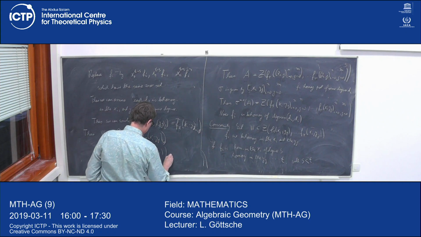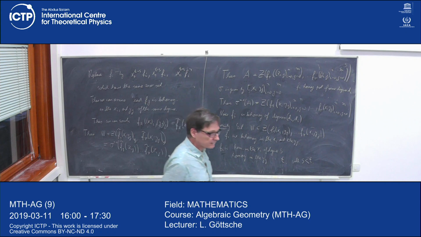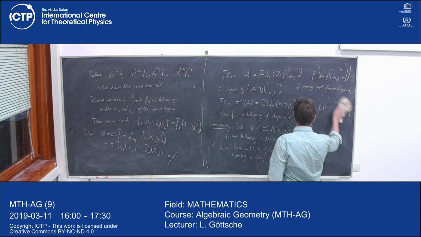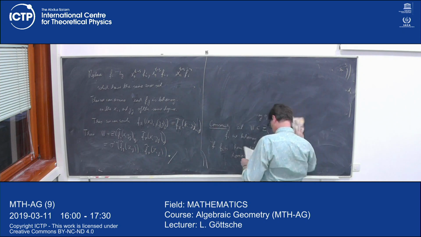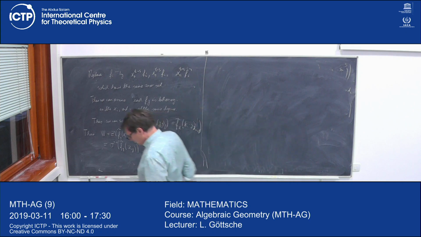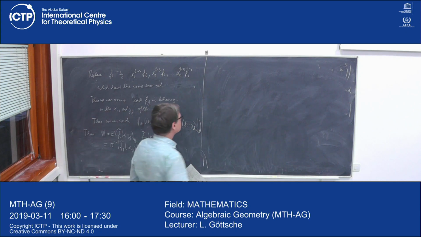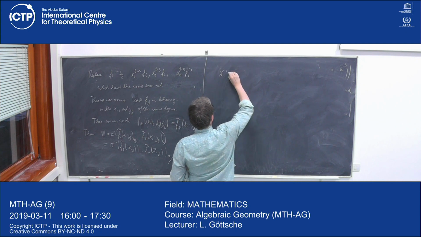So I claim that the diagonal in the product is always closed. So x and y are the projected, no, x is for the projected.